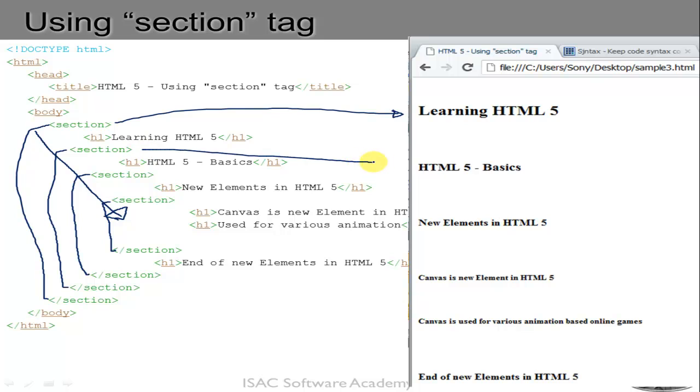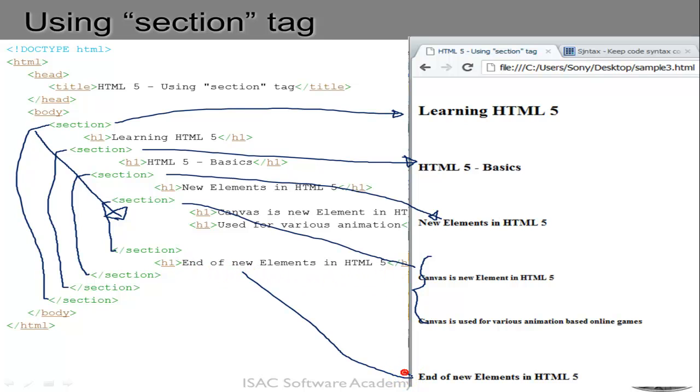Now, this section comes here, this section comes here, this section comes for this one, and this one is just the text. Okay. So, this is the way you can structure the flow and nesting of the HTML5 section tag, a very important and useful tag for using sections in your HTML document. Okay.